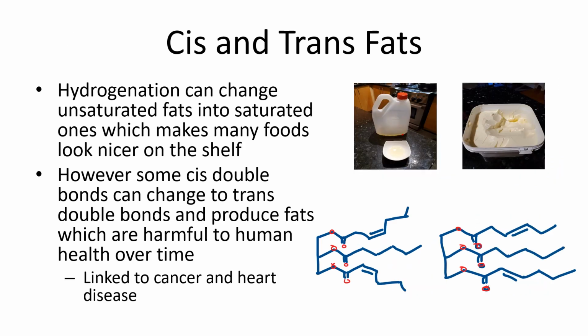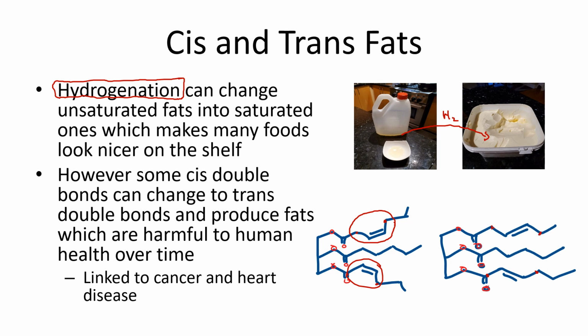So the process of turning vegetable oil into margarine is called hydrogenation, and you add hydrogen in there, and it makes the molecules more saturated and therefore more solid, which is great if you like margarine. But there is a little drawback. Some of those fats can be changed from their cis formation, which is this guy with the carbons on the same side of the double bonds, to the trans version, where the carbons are on opposite sides.